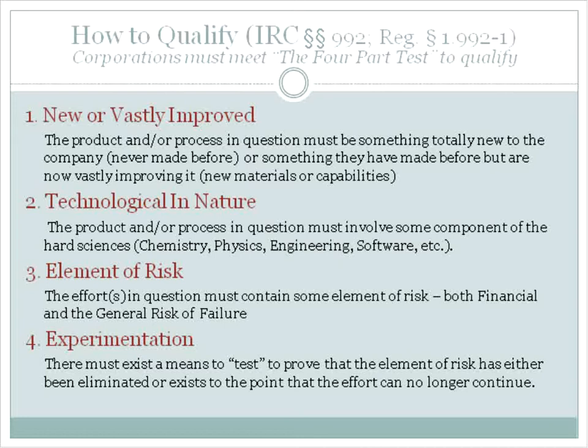But if there is financial risk and there's the potential risk of failure, even if you understand basically, I know how to do this, I think I know how to do this, I'm pretty sure I can make it work, but I really won't know for sure until I test it and prove that it can work out right, I have some risk of failure.